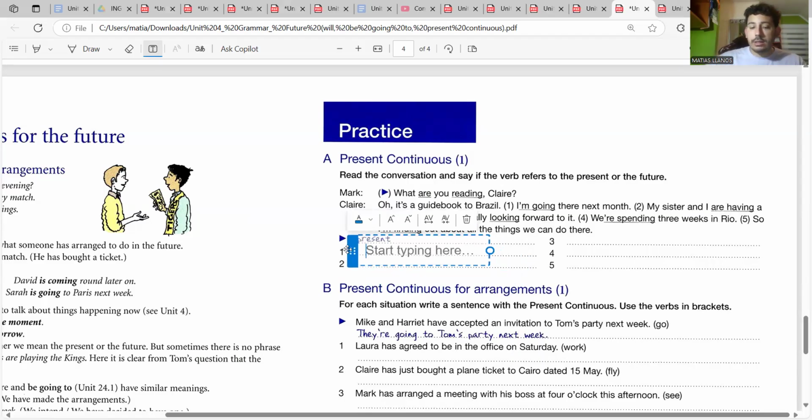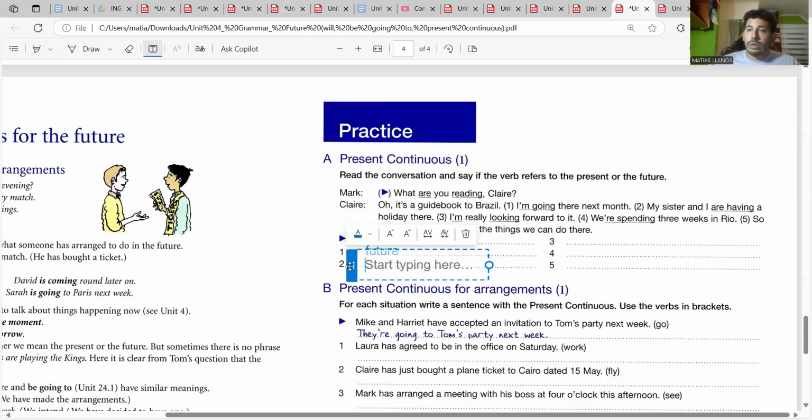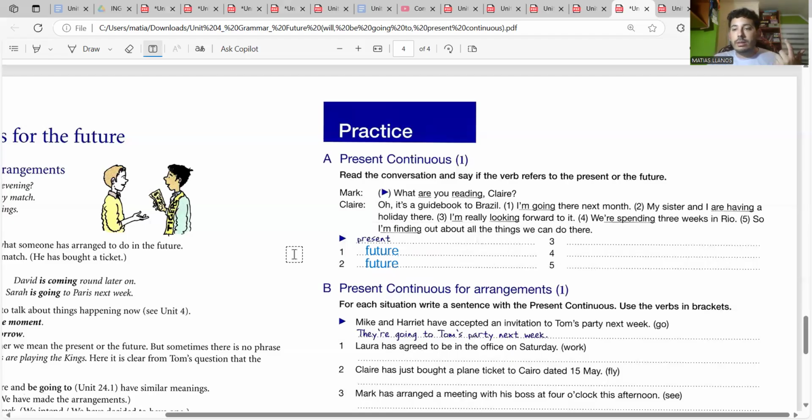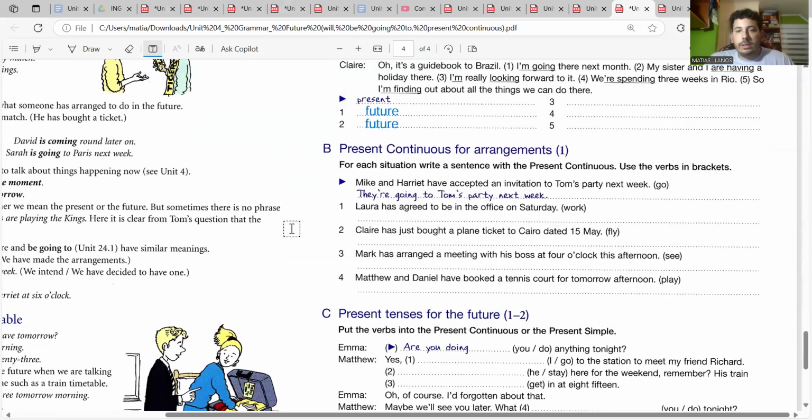So in this case, it's future because she's saying she's going to Brazil next month. My sister and I are having a holiday there. They are having. So it's future as well. They're not having it right now. They're having it, but at a holiday, you know? And you complete the rest.